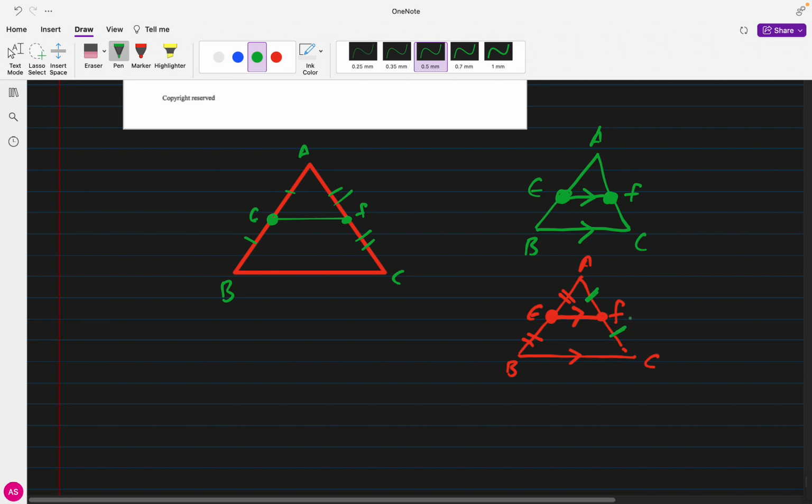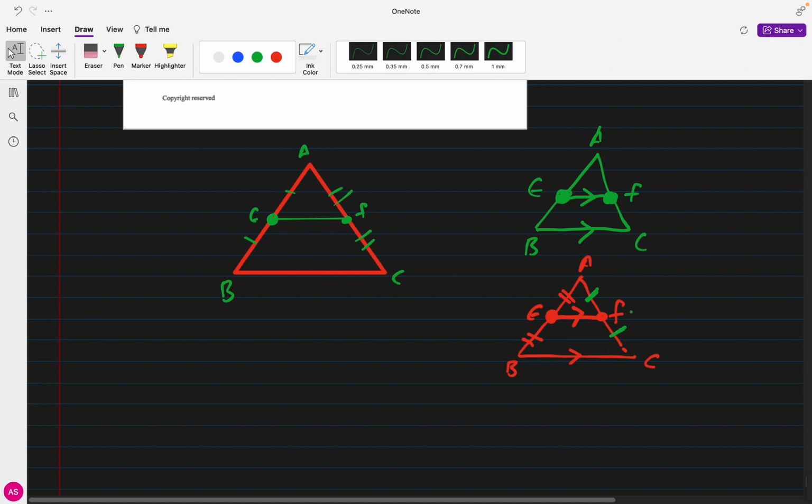Okay, so that is what you basically need to keep in your mind whenever you're dealing with the midpoint theorem. So that is very, very, very important, guys. You don't just draw lines and assume things. We have to make sure that we draw the line at the midpoint.